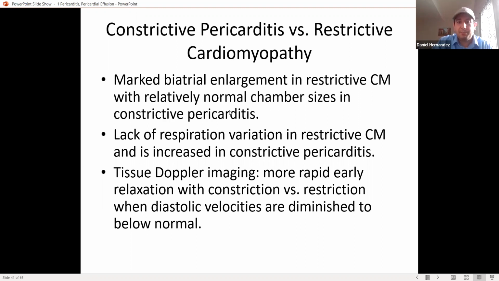And then the big one is this lack of respiratory variation with our mitral inflow with restrictive cardiomyopathy, and then we see increased variation in patients with constrictive pericarditis. And then we can also utilize tissue Doppler imaging, assessing our mitral annulus, to differentiate between restrictive cardiomyopathy versus constrictive pericarditis.